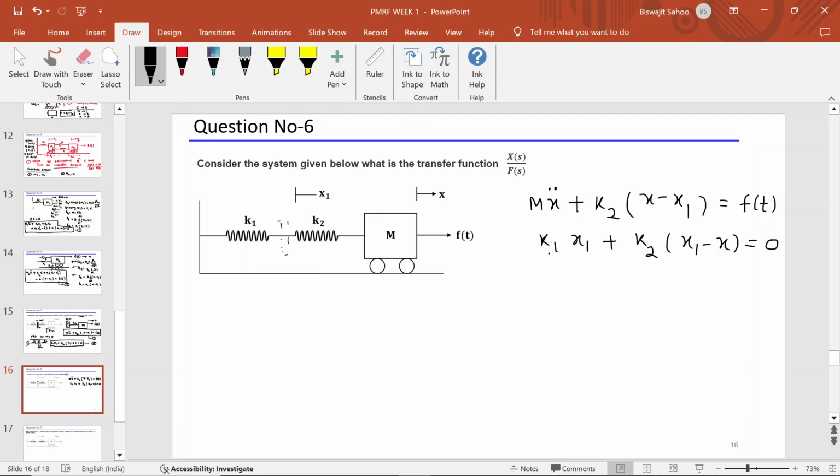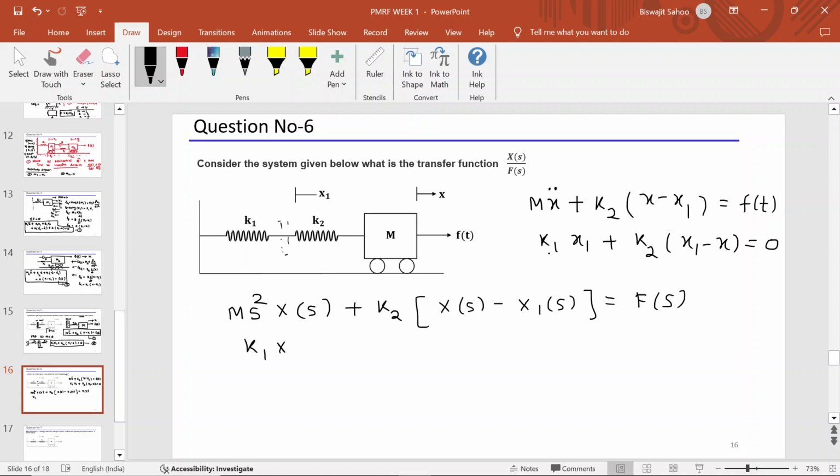Taking the Laplace transformation of the first one, it will be m s square X of s plus k2 (X of s minus X1 of s), which is equal to F of s. Similarly, the Laplace transformation of the second equation will be k1 X1 of s plus k2 (X1 of s minus X of s) equal to 0.